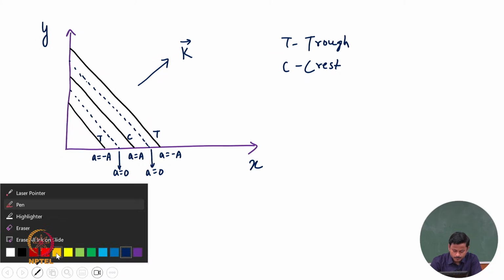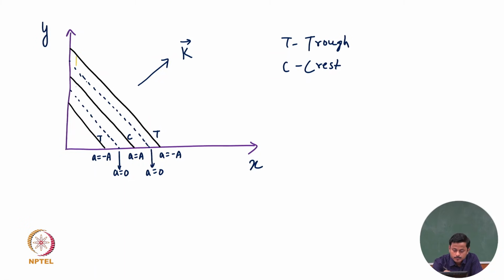Now let's label these. There are some distances along each of the directions.